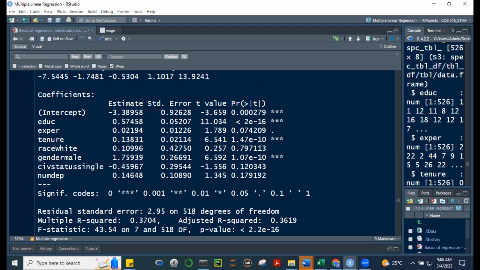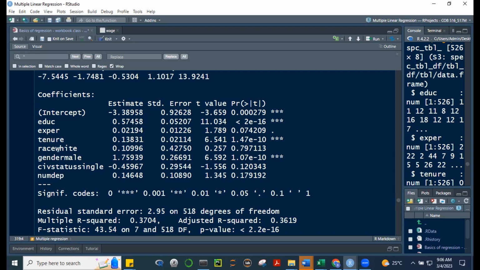Ganon din si civil status. On the average, single respondents receive $0.46 less, kasi negative to, no? Less than their married counterparts, ceteris paribus. Now, had we changed the benchmark, kasi pwede yun, di ba?